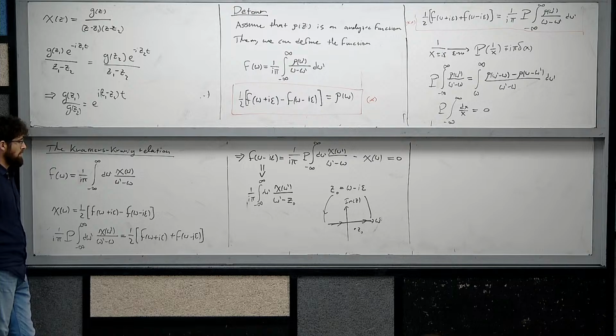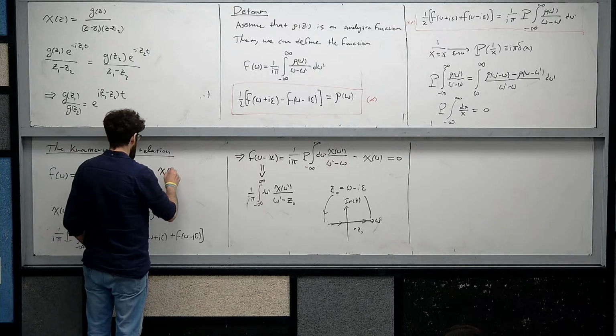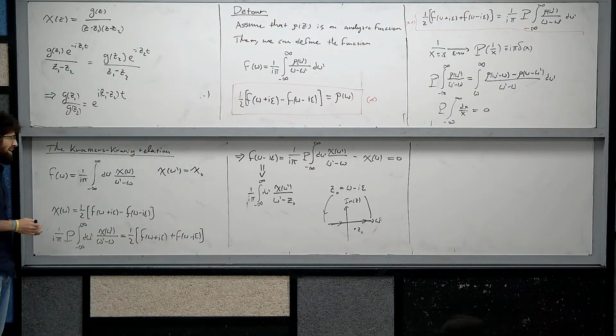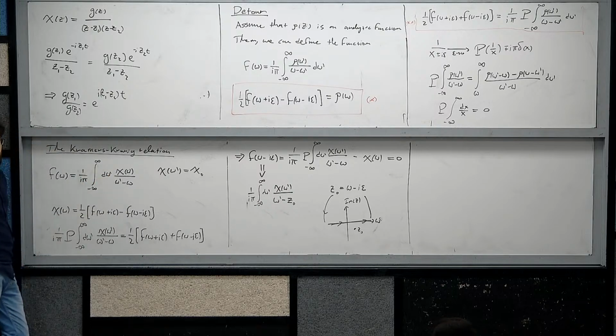You're saying if chi of omega is just a constant, you can still prove that it's zero.